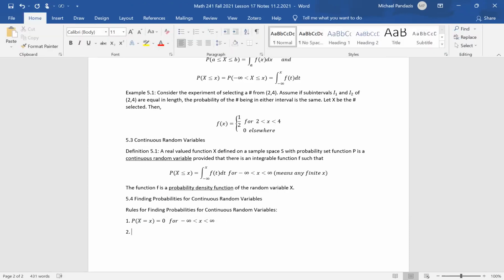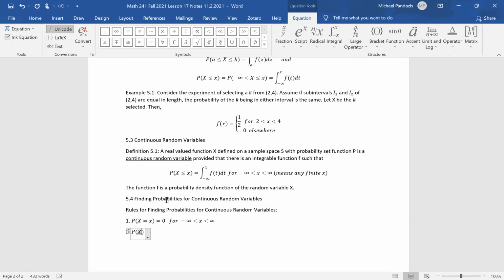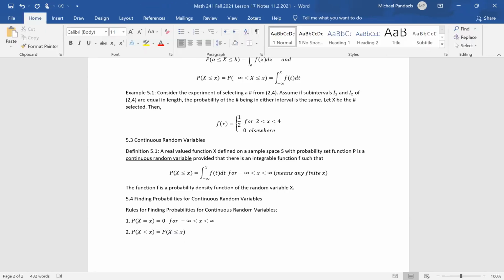Rule 2: the probability that X is at most little x is equal to the probability that X is strictly less than little x. So these two probabilities are the same.